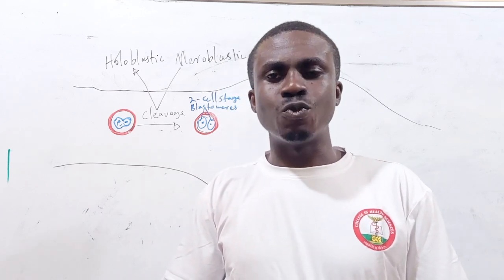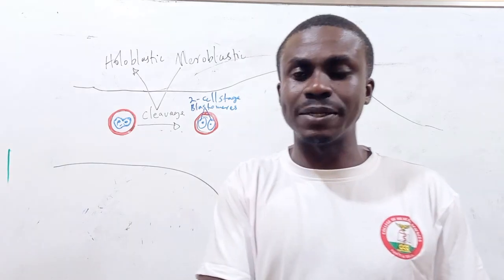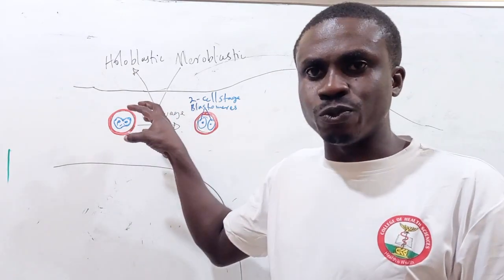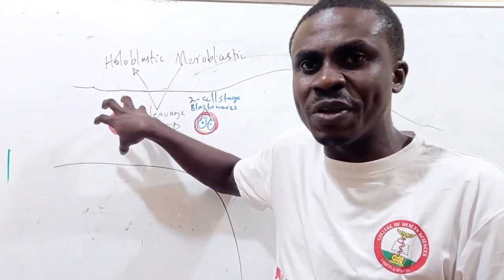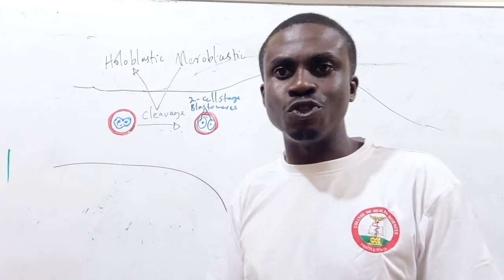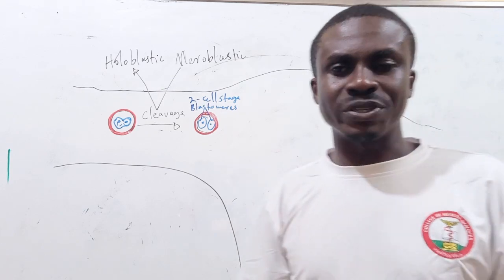Because we want to prevent something we call ectopic pregnancy. Now, the conceptus over here is not destined to implant in the wall of the uterine tube. It is destined to implant, of course, in the uterus.